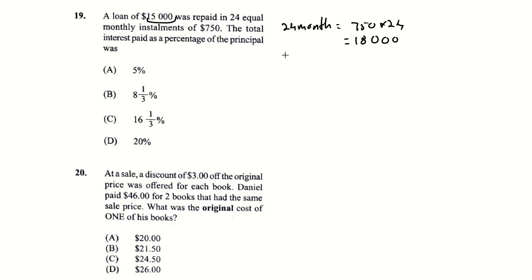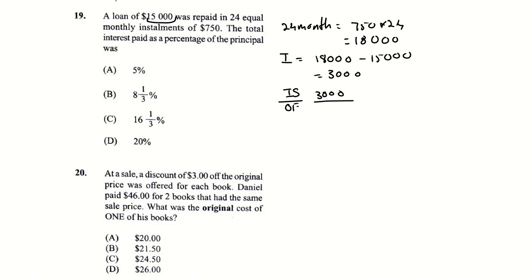So that means the interest was 18,000 minus 15,000, which we can see was 3,000. They want to know the interest paid as a percentage. Remember, guys, to find what fraction it is of something: your interest, which is 3,000, over the principal.